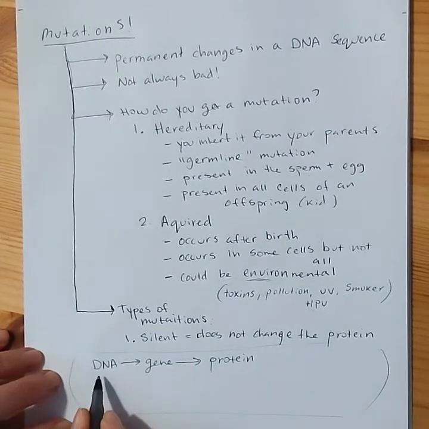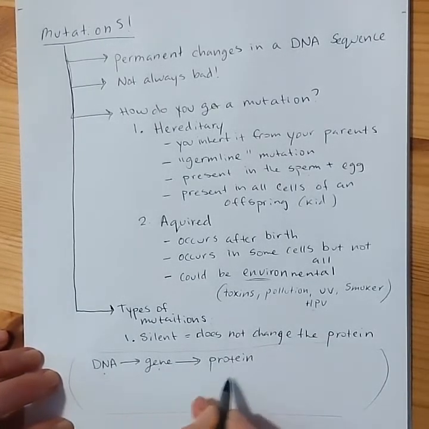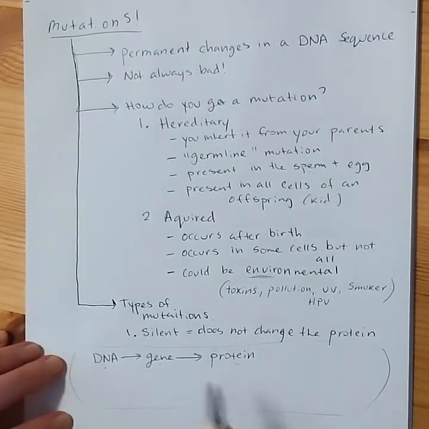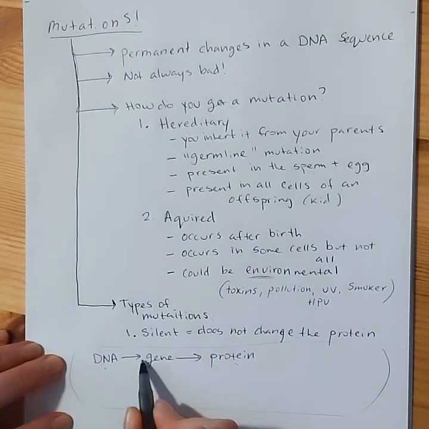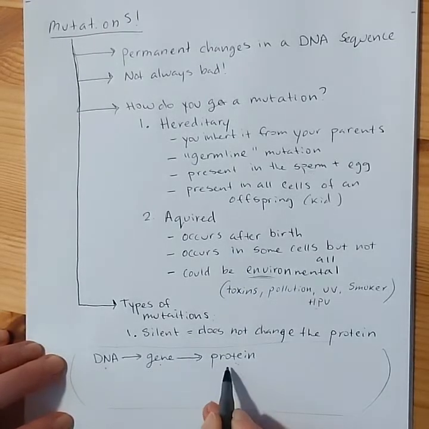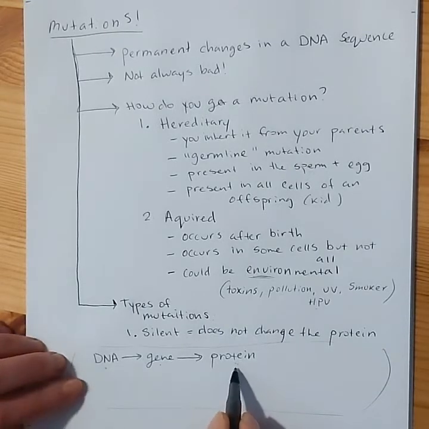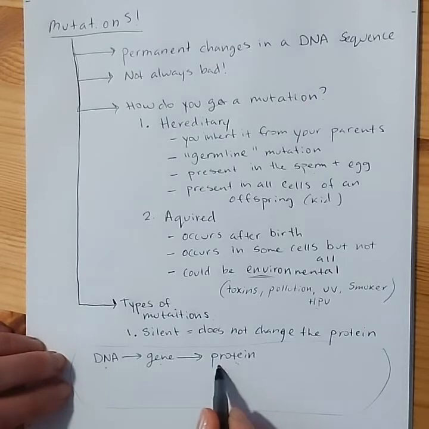So if I'm going to mutate my DNA, if I mess up a gene, that means I might mess up the protein. And this could have really big effects. If I mutated the DNA in the region of the gene that carried oxygen in my blood cells, that means that the protein in my blood cells that carries oxygen could be defective, and I could have a different form of anemia. I'm not getting oxygen to my tissues.